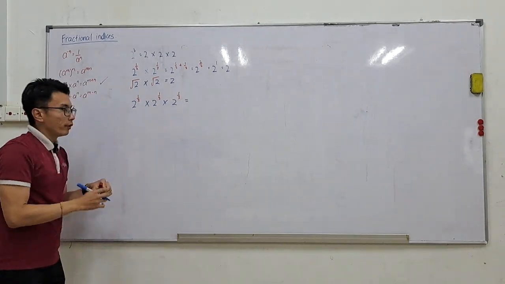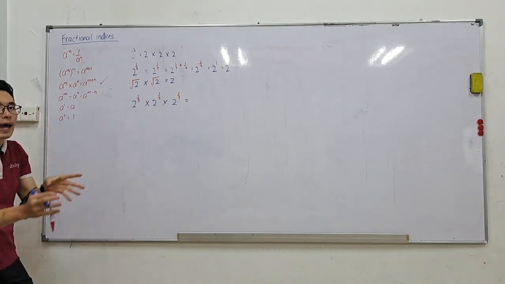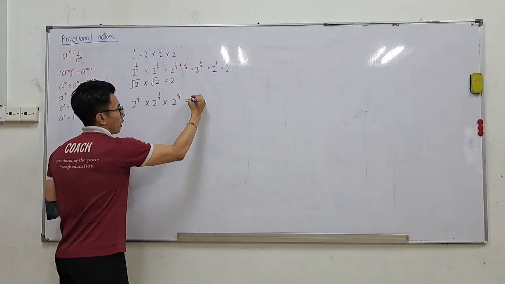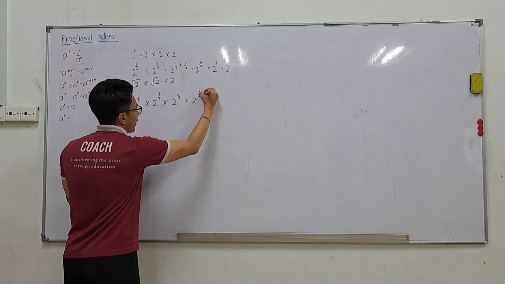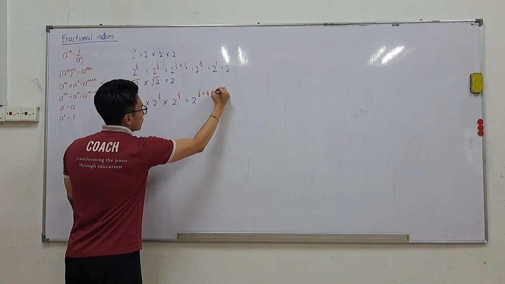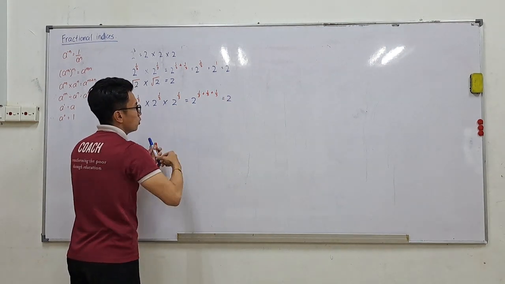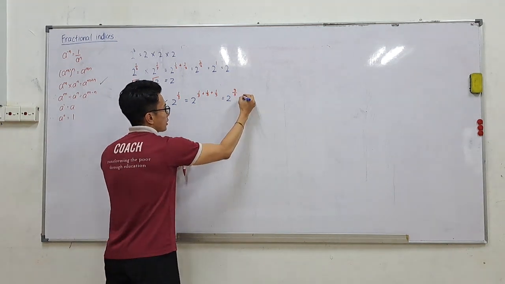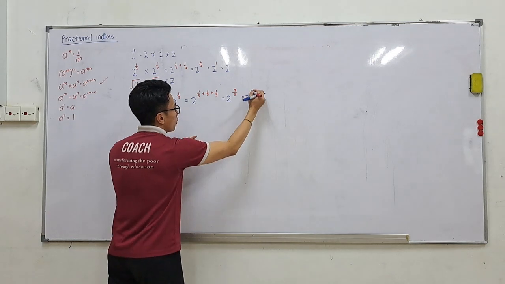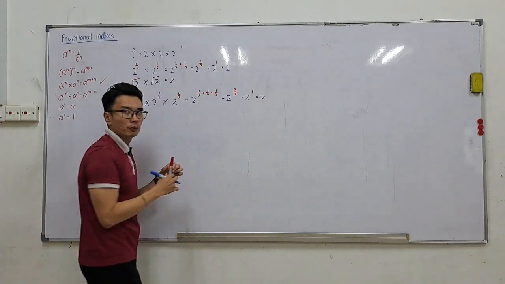Based on the law of indexes, I have the same base, so I can add the powers. That gives me 2 to the power of 3 over 3, which is the same as 2 to the power of 1, which simplifies to 2.